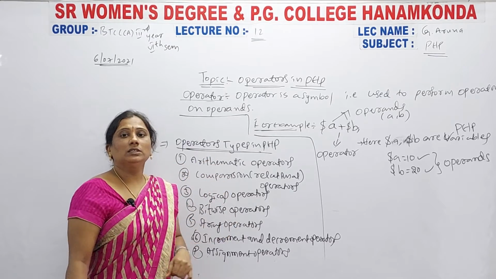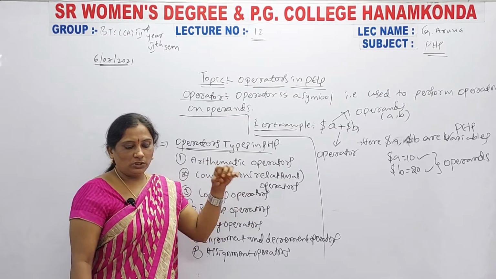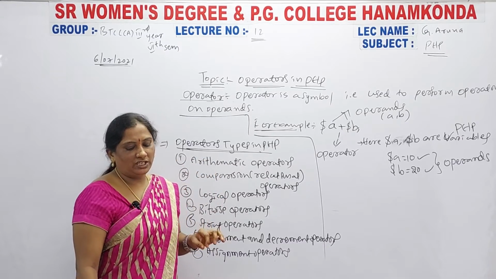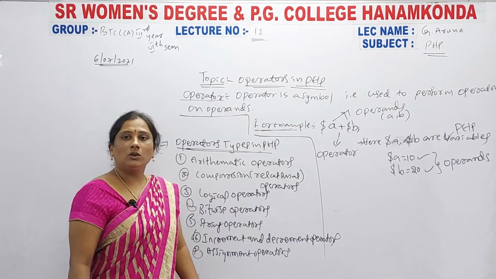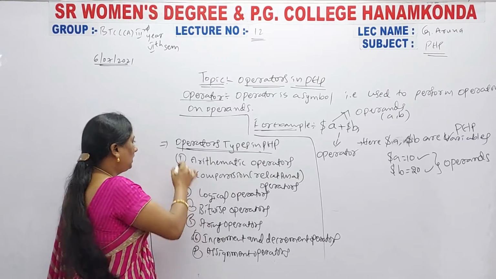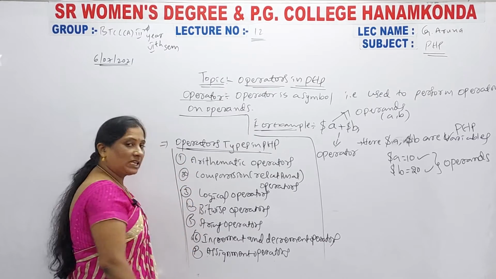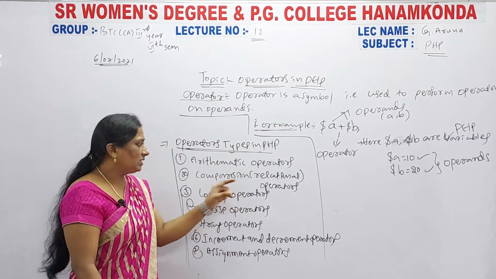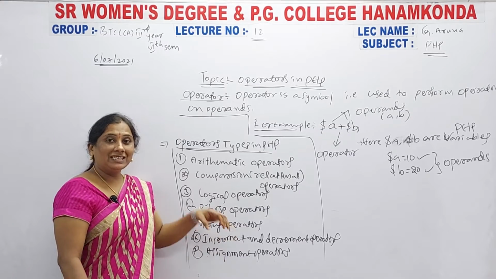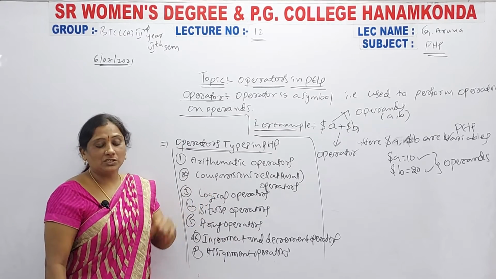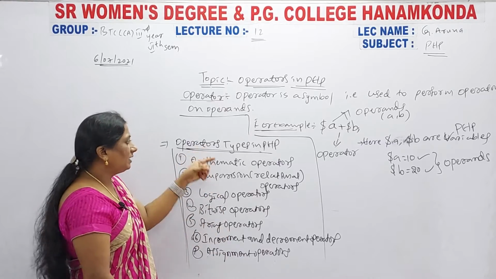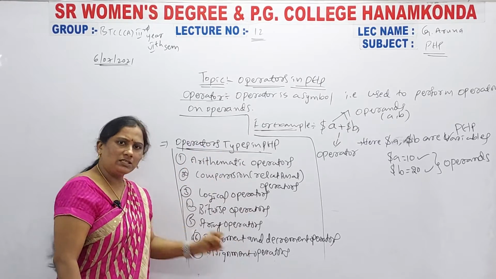C language and C++ also include these operators. So what extra operators can be added in PHP, including these operators?